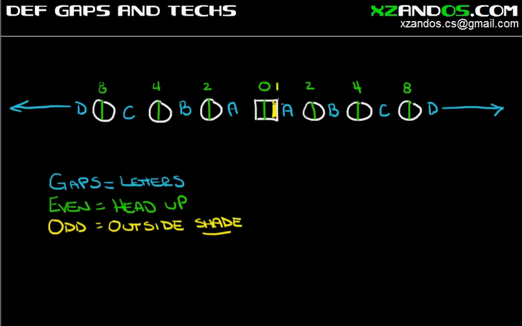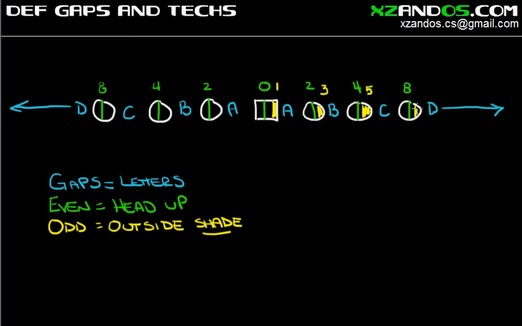And so therefore, again, with odd numbers, an outside shade on the center would be considered a 1. An outside shade on the guard would be considered to be a 3. An outside shade on the offensive tackle is considered to be a 5.